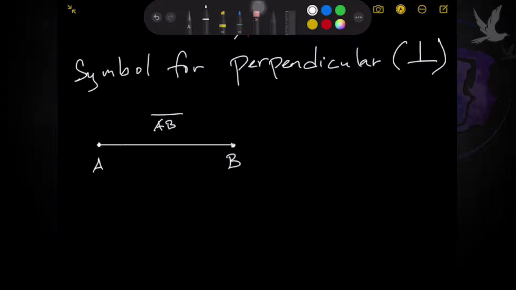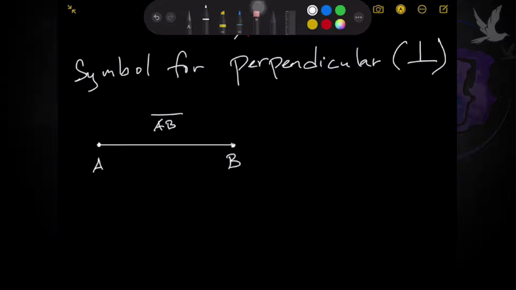Okay? So, ganun lang yung basic naming of lines. We name our lines according to their points. So for example, ito nga, line AB. With points A and B, we can now call it as line AB.